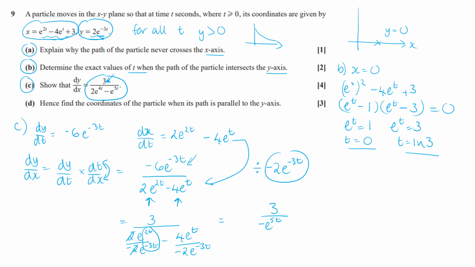And then the next term, the 4 and the 2 will cancel and give us a plus 2, because this minus minus will give us a plus, and then here we'll have in the indices t minus minus 3, which will be 2e to the 4t. So just putting it in the format that they want, it's going to be 3 over 2e to the 4t minus e to the 5t.